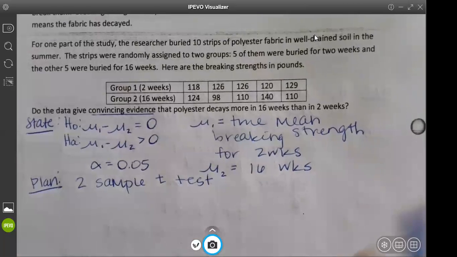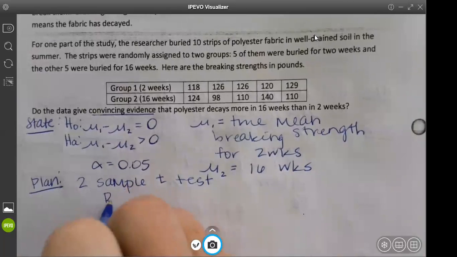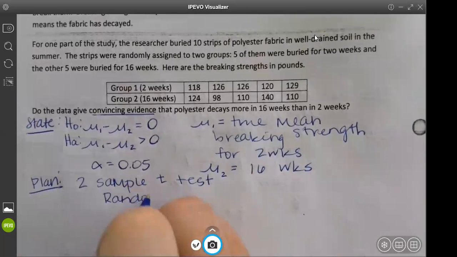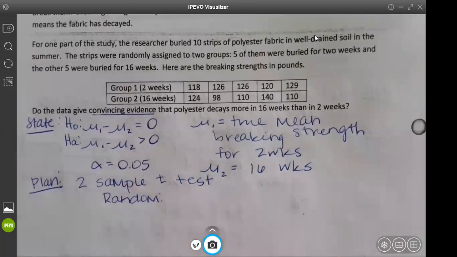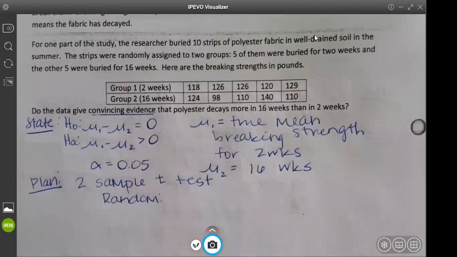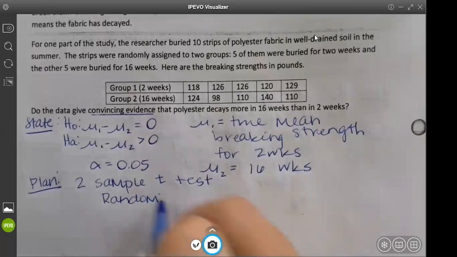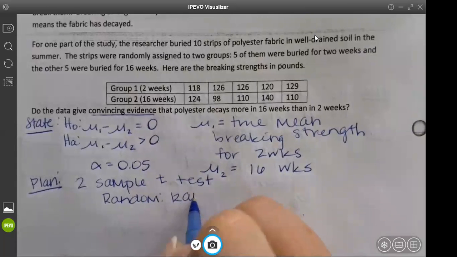Okay, 2 sample t-test. If conditions are met, those conditions are random. Is it random? Okay, because they were randomly assigned, right? So it's a randomized experiment.